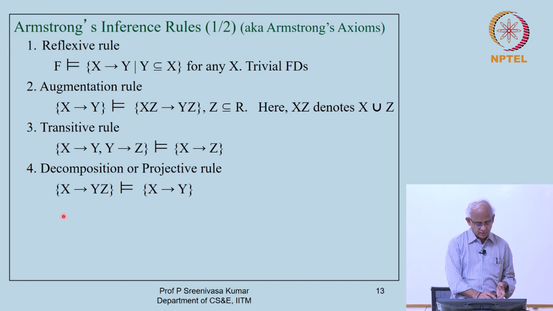What this says is, given that X determines YZ, I want to distinguish between two sets of attributes, which is why I have written two symbols here, Y and Z. Y is a set of attributes, Z is another set of attributes. X determines YZ is given, then it logically implies X determines Y holds.